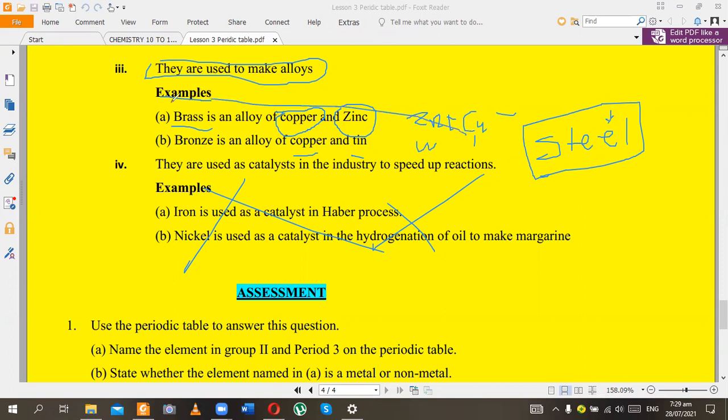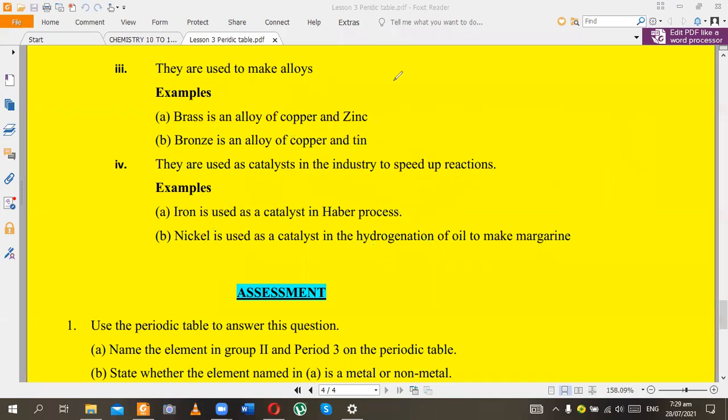So even as you get to watch this video, please research on steel, the types of steel and the elements present. When you say stainless steel, is it just carbon and copper, or what? Then you say mild steel. We've got high carbon steel, low carbon steel, and all that. I'm challenging you to look at that and understand what is involved.